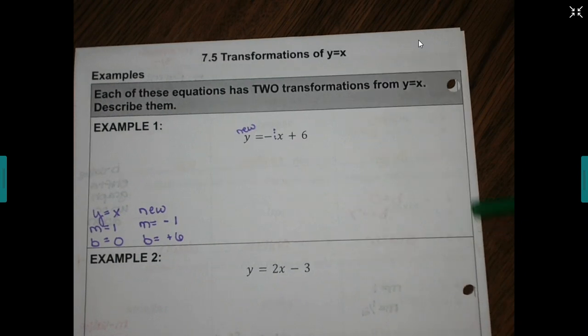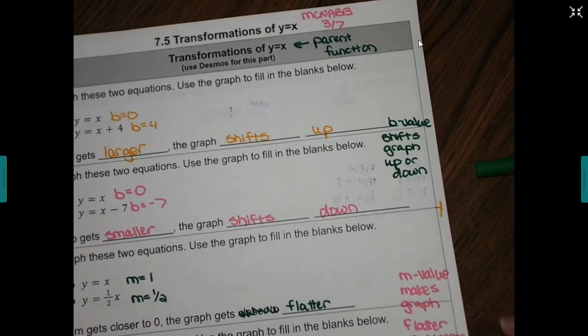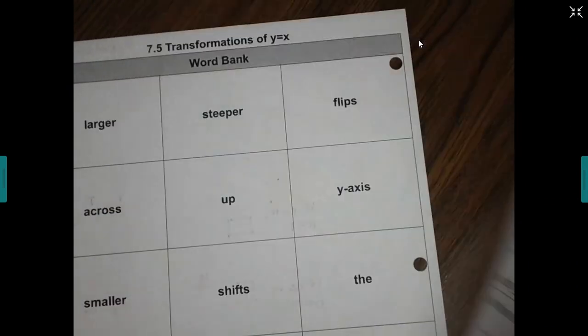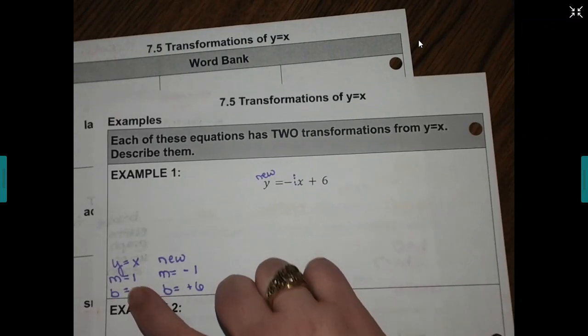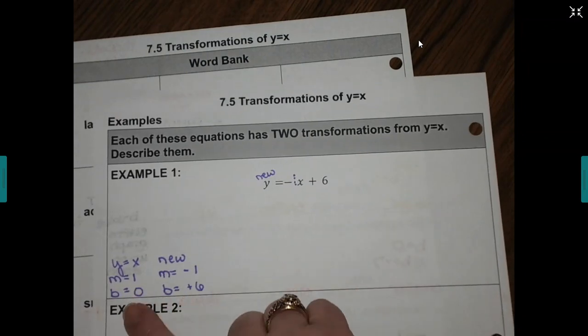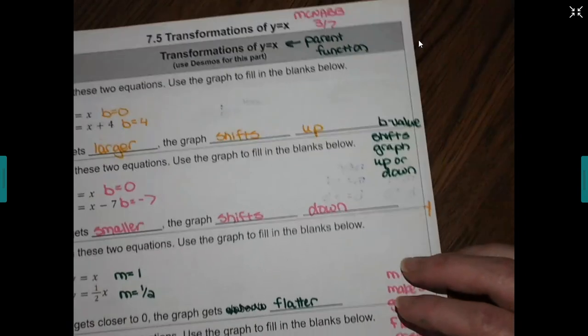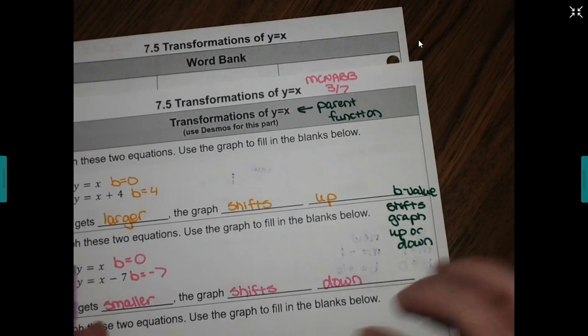So now I need to look at my rules that I learned. Let's begin with b. I went from 0 to positive 6, so I know that my b value got larger.